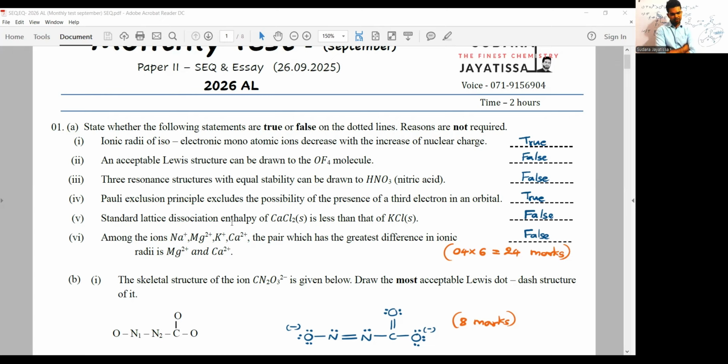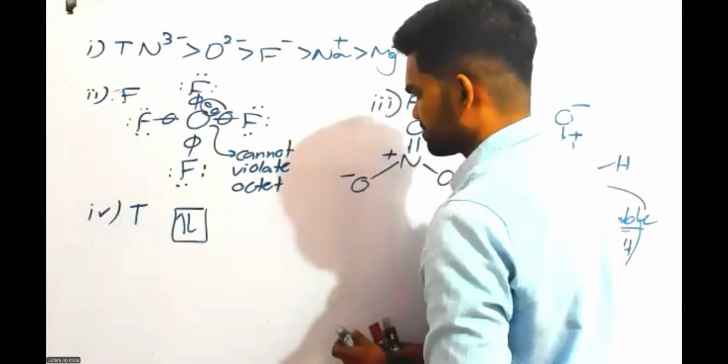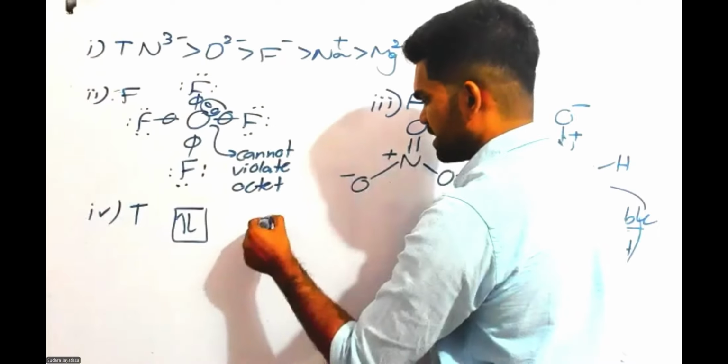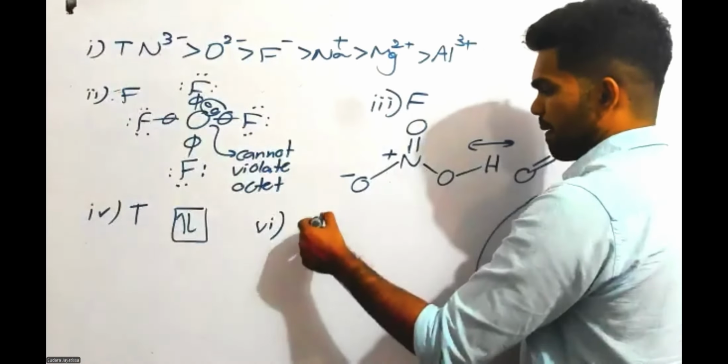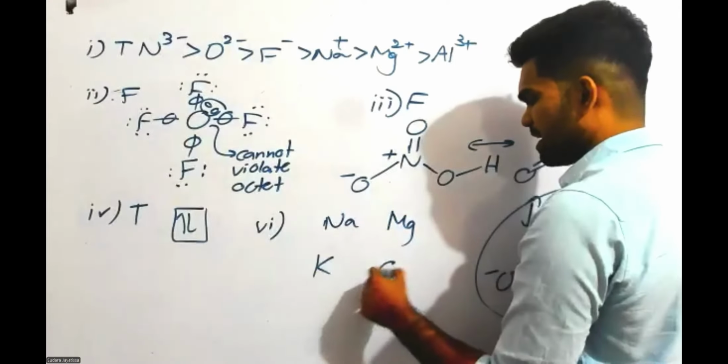Anyway, look at the 6th one. The greatest difference in ionic radius is between magnesium 2 plus and calcium 2 plus. Now these cations are sodium, magnesium, potassium, and calcium.